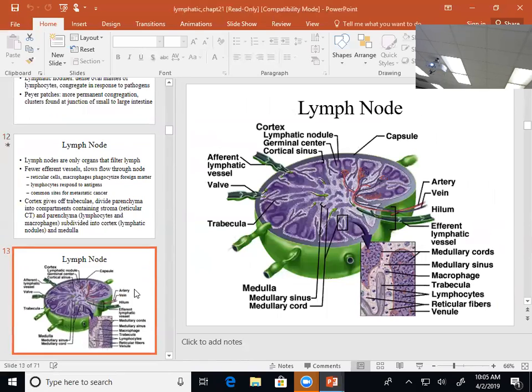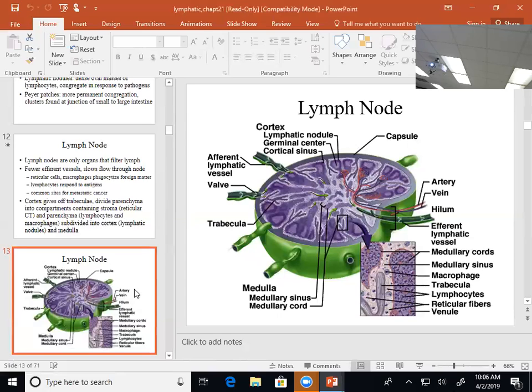So you've got a lot of little ones bringing lymph, but it backs up, and that's okay because if we blow this little area up here, we see that we've got a lot of what? What is a macrophage? It's a big eater, which is derived from white blood cells, monocytes, right? And how about these? Do y'all know about lymphocytes? You're going to know more about them in a little bit. So lymphocytes. So we've got this beautiful system that is clearing our lymph before it's allowed to exit.